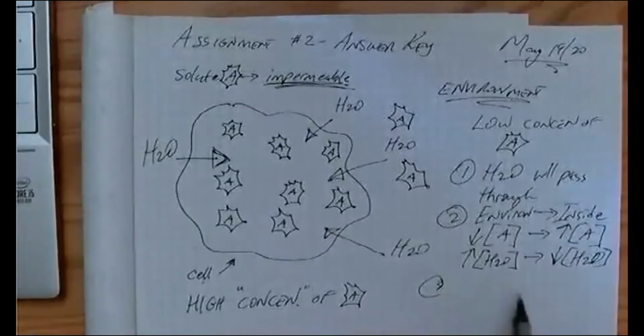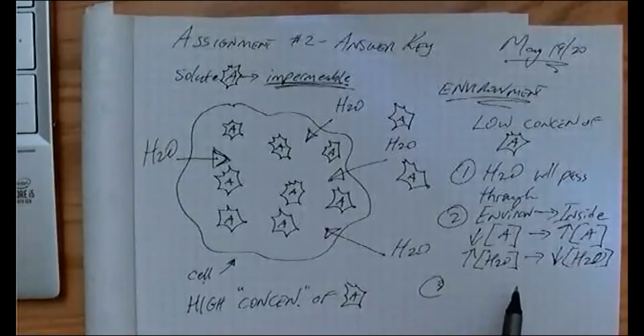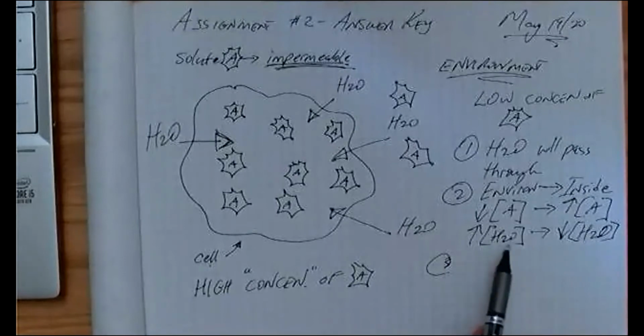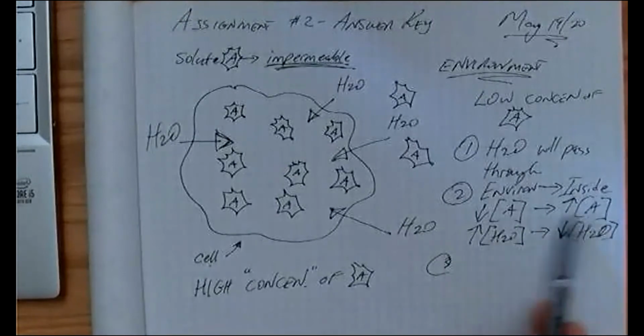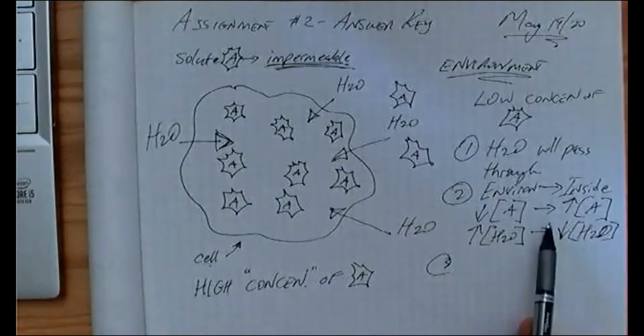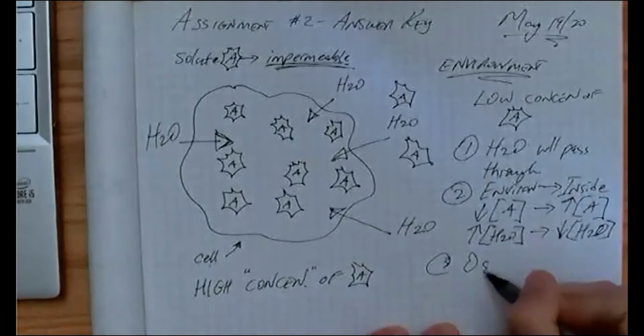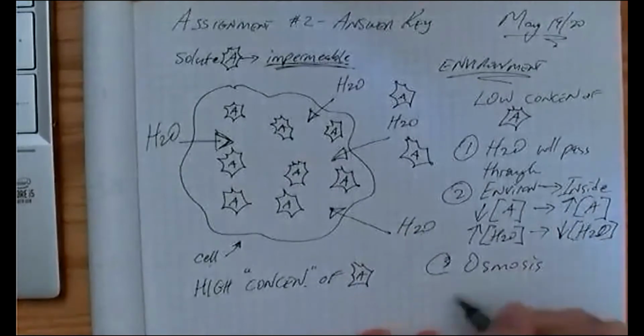Some of you are looking at it from the perspective of the concentration of water, and I can tell that you've done a little extra reading. This is probably more of a high school way of looking at it. This is relative to what's going on here at junior high. And that process is called osmosis.